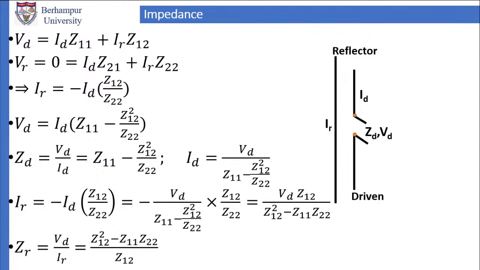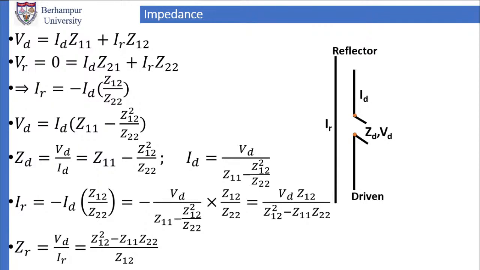Remember that if there are two current carrying elements close to each other, they will induce current on each other. Element 1 will induce current on element 2, and element 2 will induce current on element 1. There will be mutual coupling between them.